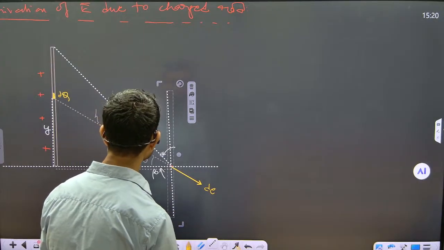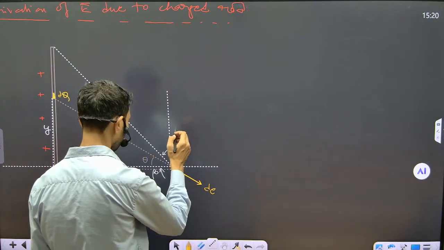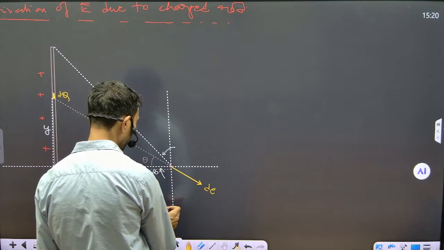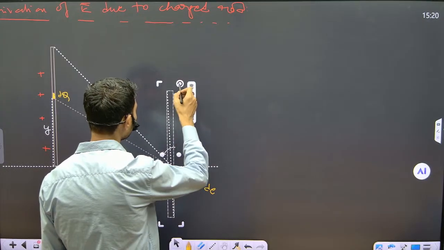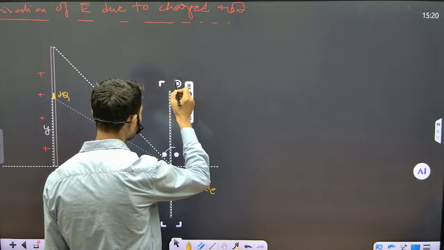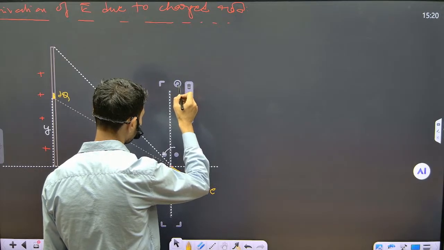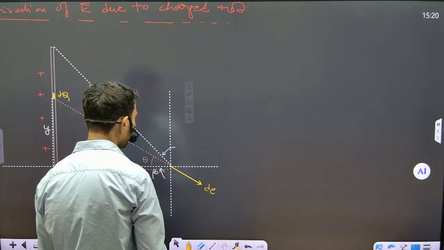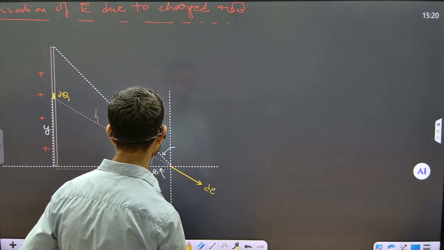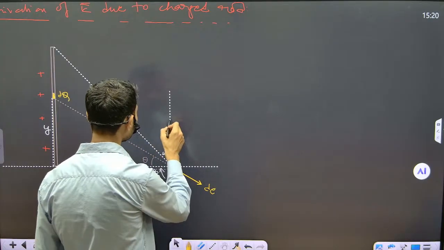And it will have components, of course. Why is it not vertical? It should have been vertical. There's something wrong with this. How can it not make it vertical? Oh, that's really sad. There's no way it doesn't.